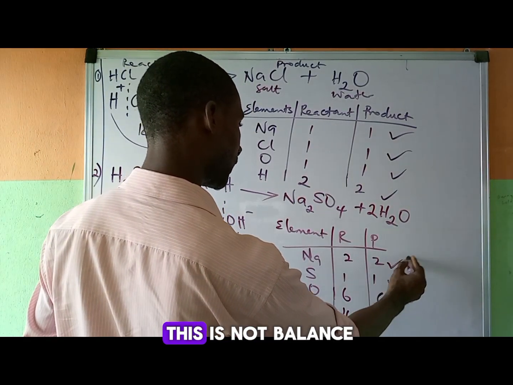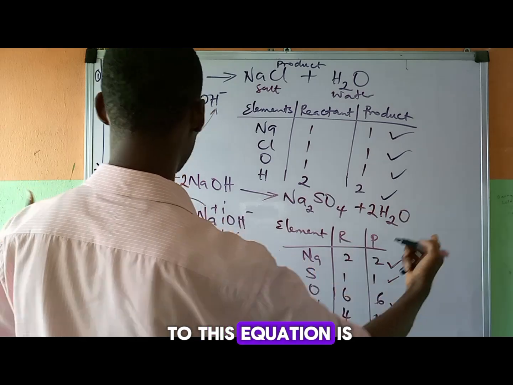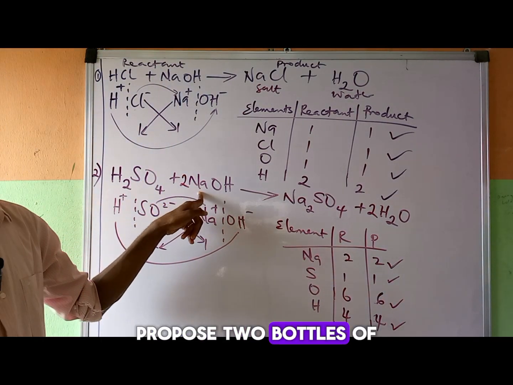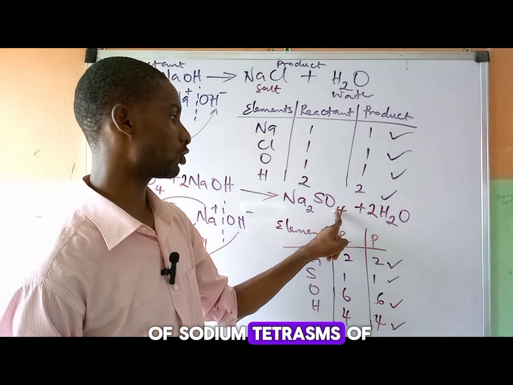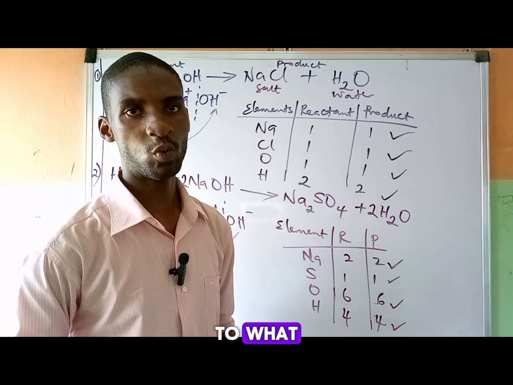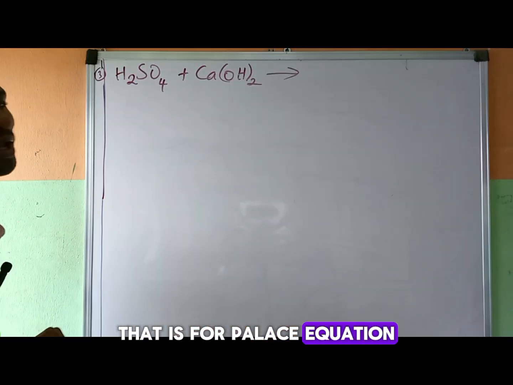So can you see this is now balanced, this is correct, equal. So this equation is now balanced. 1 mole of H2SO4 plus 2 moles of sodium hydroxide gives you 1 mole of sodium tetraoxosulfate 6 and 2 moles of H2O, water. That is a balanced equation.